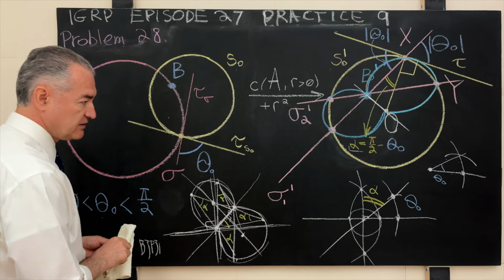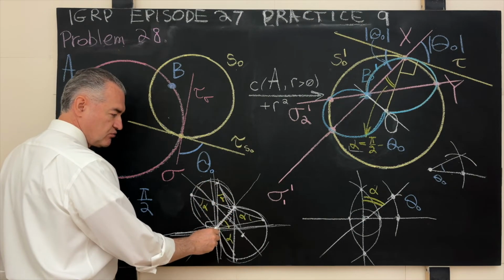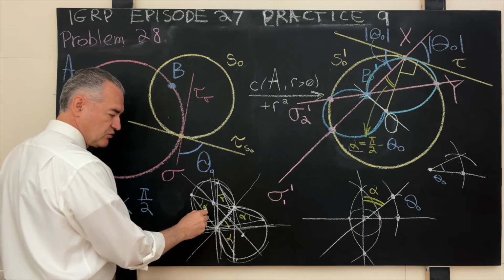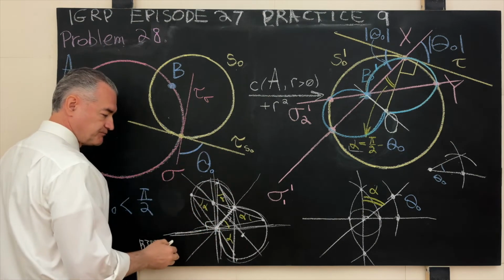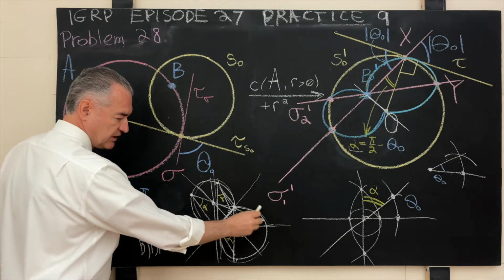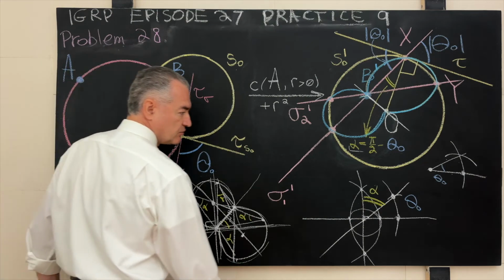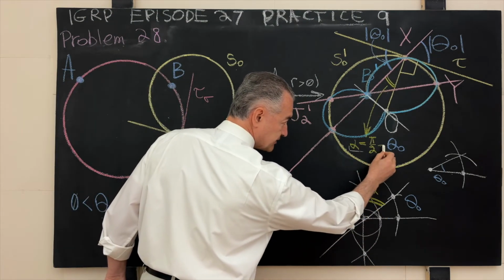We now understand that we can construct the set of points from each of which the given line segment is seen under one and the same constant angle in Euclidean geometry, which is the foundation of this course. This set looks like a figure 8, and we know that our angle alpha is the difference pi over 2 minus theta 0.